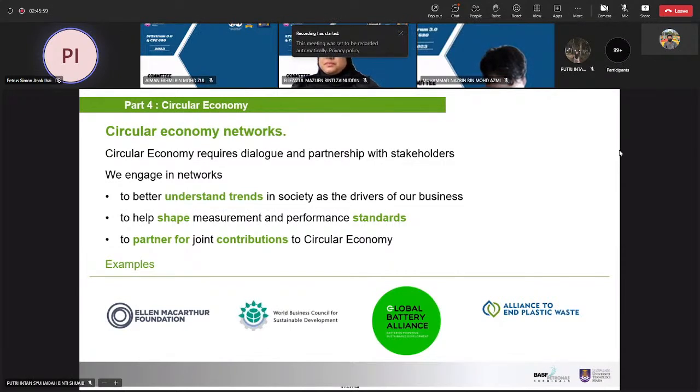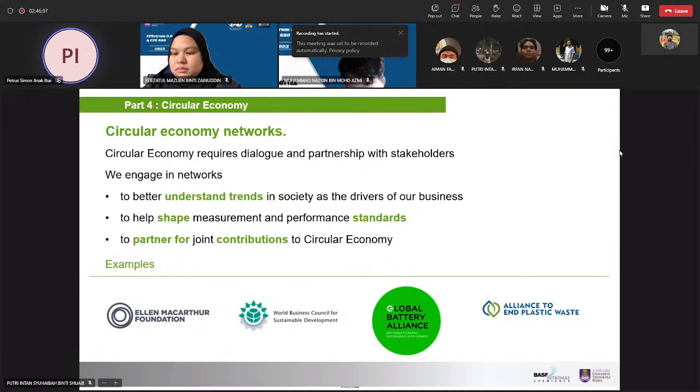The examples below are some of the partnerships that we have with the Ellen MacArthur Foundation, and also with the World Business Council for Sustainable Development, the Global Battery Alliance especially for electric vehicles, and the Alliance to End Plastic Waste.